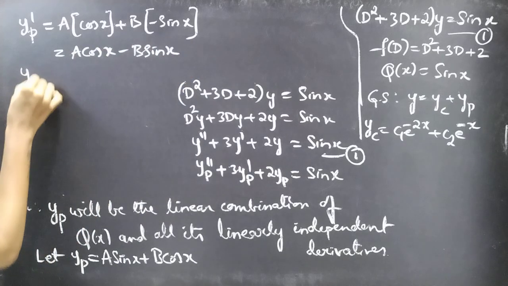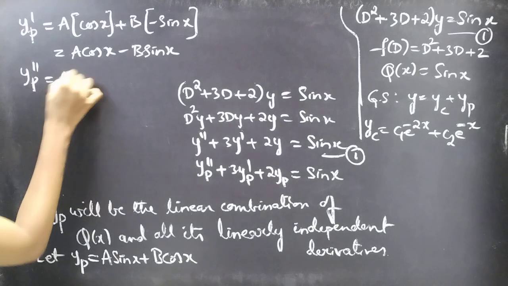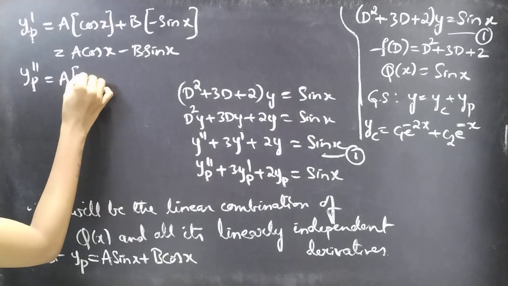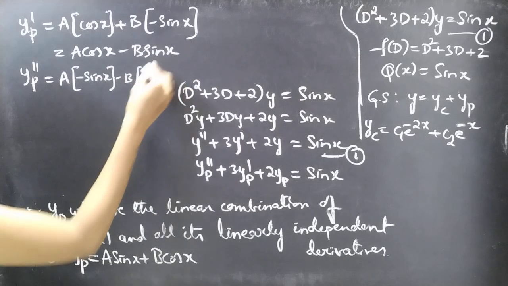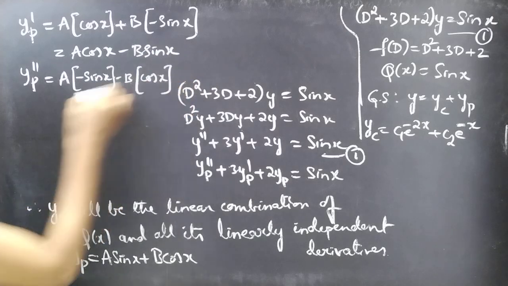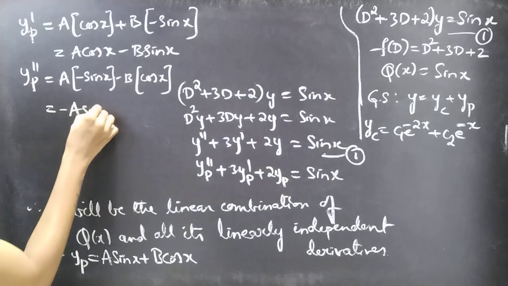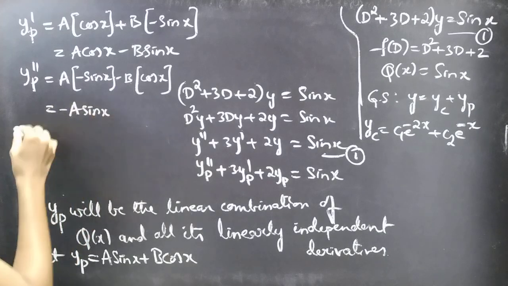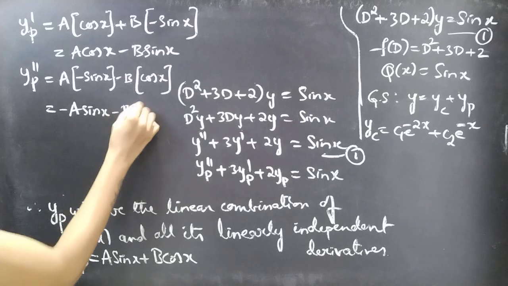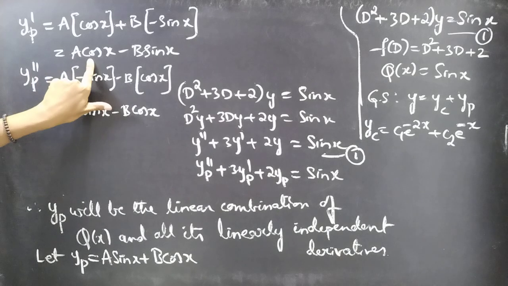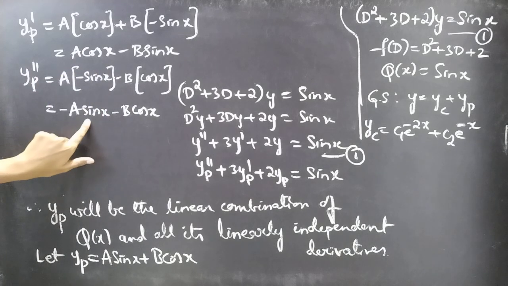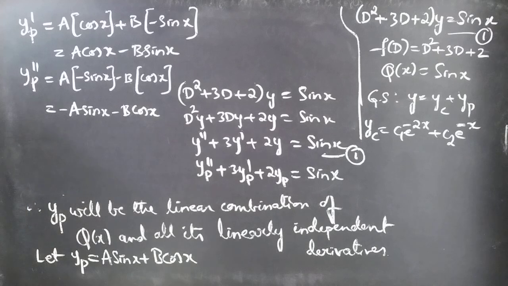Now find yp double dash, which is equal to a into derivative of cos x is minus sin x minus b into derivative of sin x is cos x, which gives us yp double dash equals minus a sin x minus b cos x, right? Therefore, yp equal to a sin x plus b cos x, yp dash is a cos x minus b sin x, and yp double dash is minus a sin x minus b cos x, right?